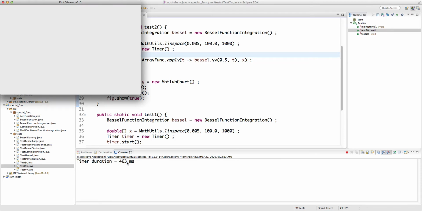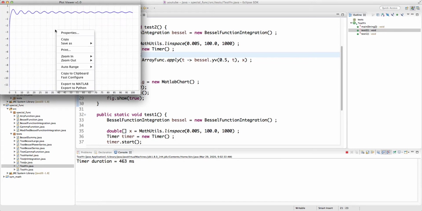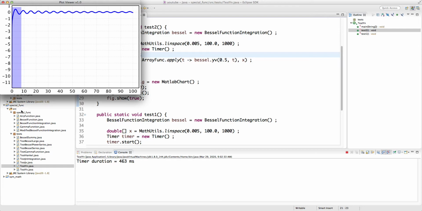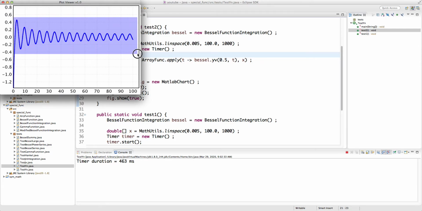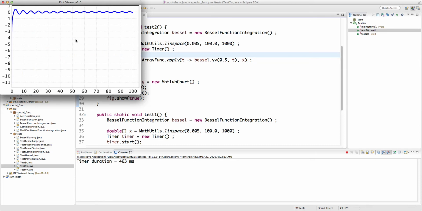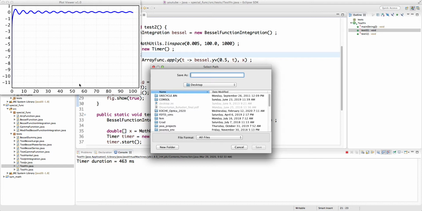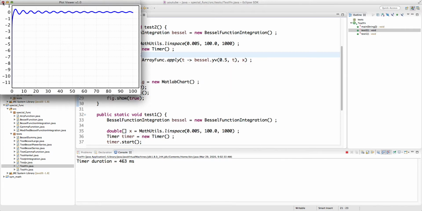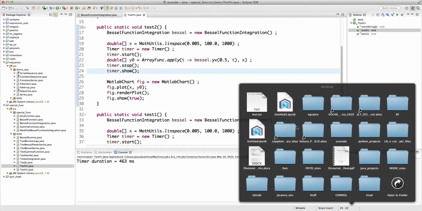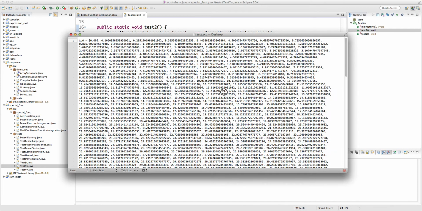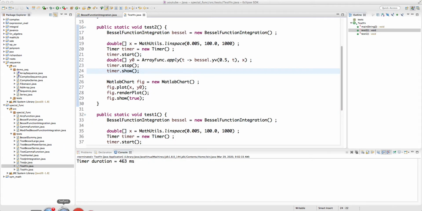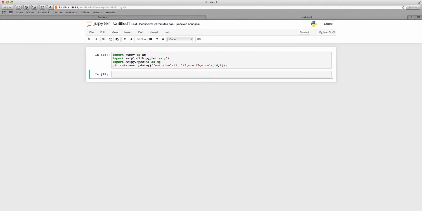As you can see, it takes more time for evaluating, and as expected, this goes to infinity, and we get this oscillatory behavior. And again, we can quickly go to export to Python and test the accuracy against Python. So let's export this to a text file, and then I'm going to open it in a text editor, copy all the text here, and then go to my Jupyter notebook, right?